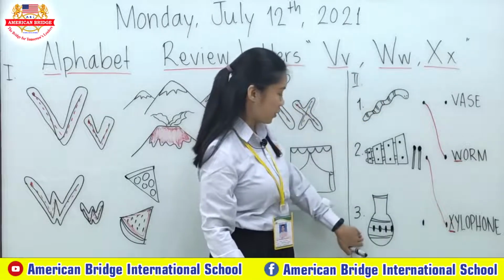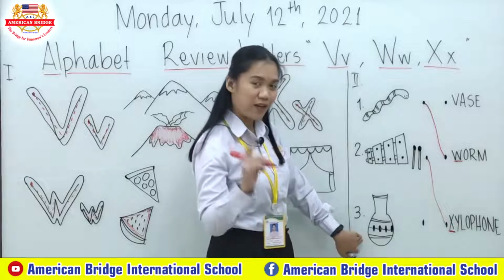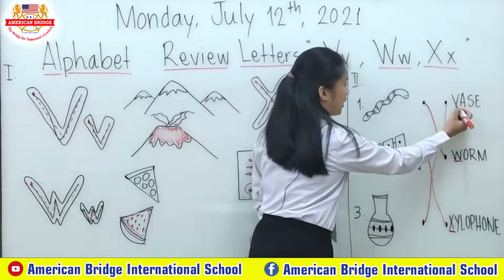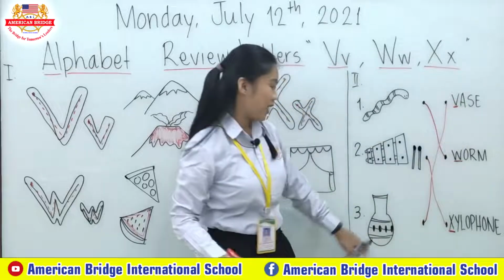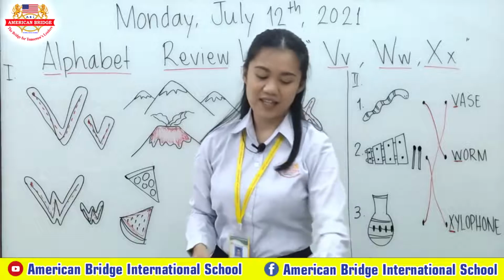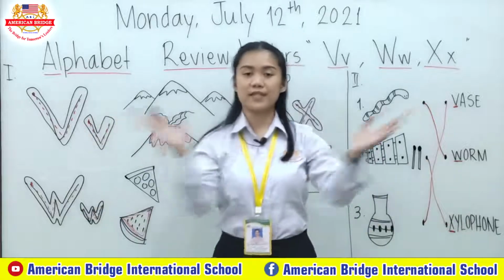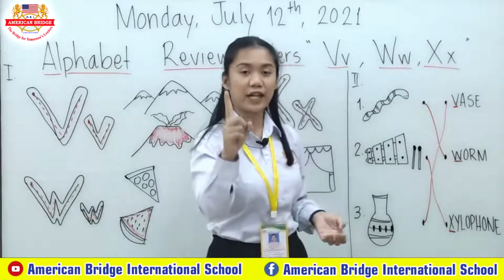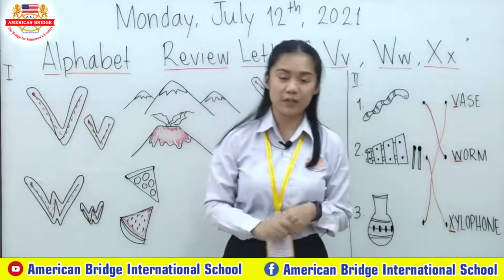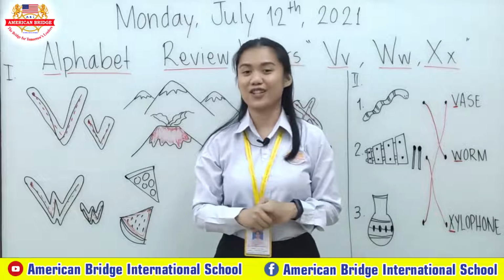And the last picture, we know already, right? The remaining word. So here's the correct answer. Vase. So that's it, everyone. And this is the second activity. Don't forget to answer all of this, okay, everyone? Because you know already how to answer.